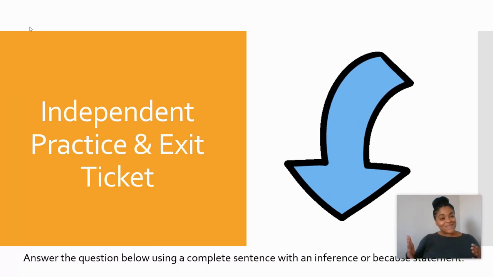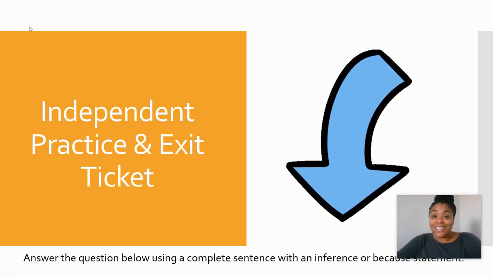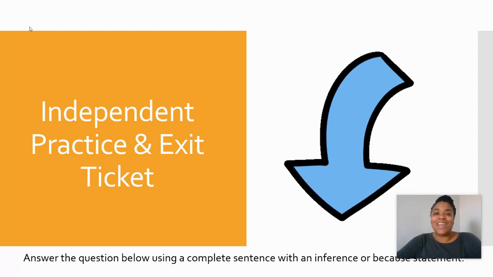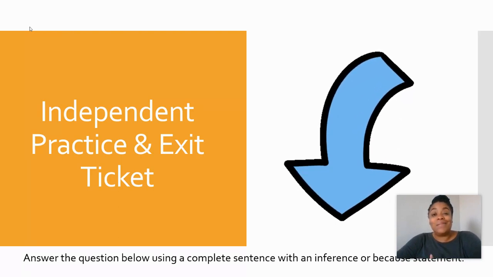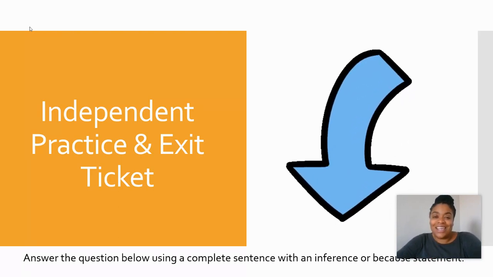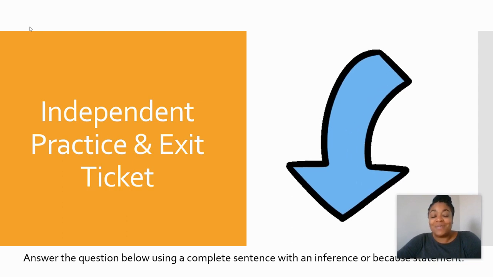So, scholars, it is time for your independent practice and exit ticket. You are going to be so excited when you realize you have already written your exit ticket. The only thing you have to do now is complete your exit ticket. Scholars, you have your claim, you have your context, you need to write out your evidence, and you have your analysis. Scholars, I cannot wait to read your responses.